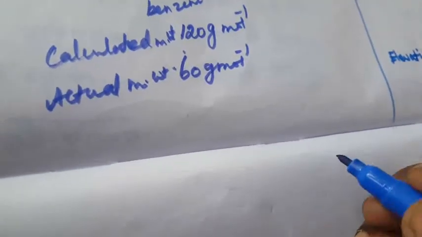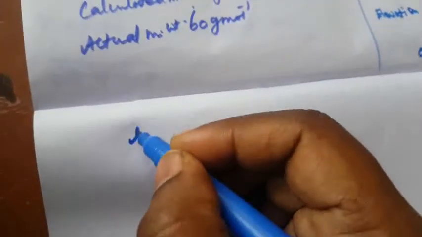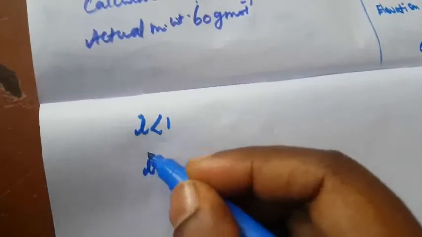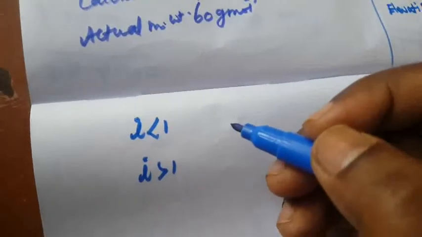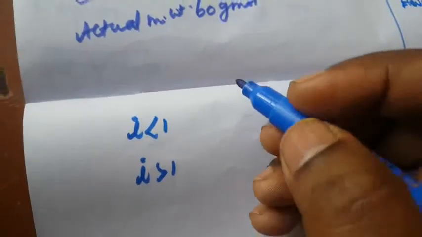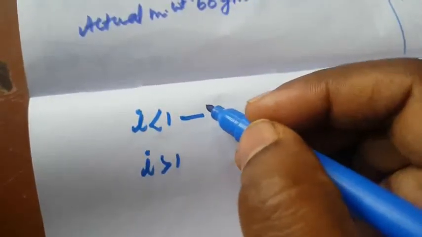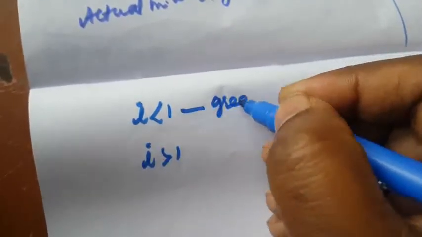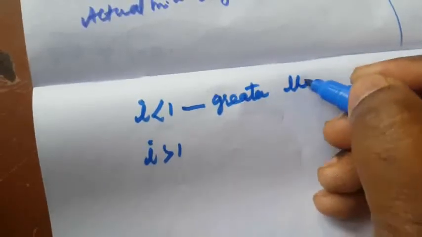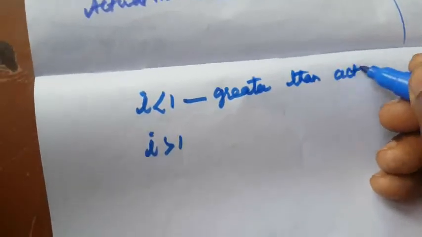Suppose the solute associates in solution, then the Van't Hoff factor is less than 1, which means the observed molar mass will be greater than the actual molar mass.